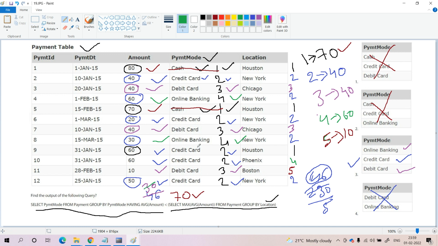For the payment mode online banking, we are getting the value 45. 45 is always less than 70, so online banking is in the output table. Online banking is also available in the third option. Now out of all the four options, the right option is the third option.